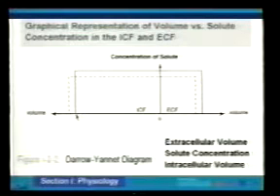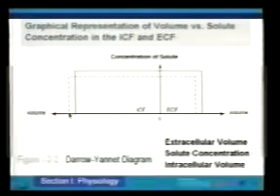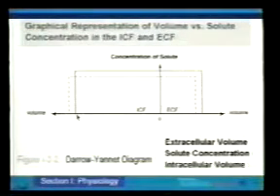Now, if the volume of the intracellular fluid increases, the line would shift in this direction, and therefore this dashed line here represents a situation where the intracellular volume has increased. On the other hand, if the intracellular volume decreases, the line would shift in this direction and would be closer to the origin. Now, the whole focus here is simply to interpret the graph.